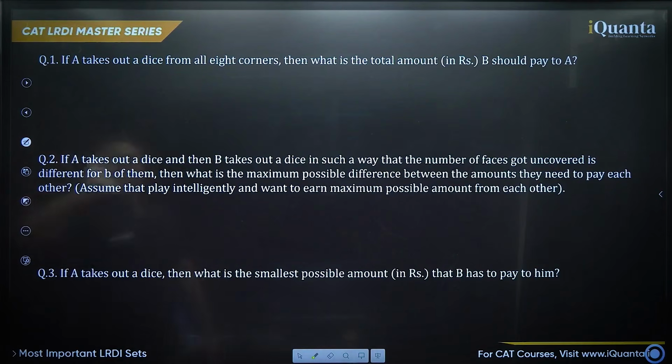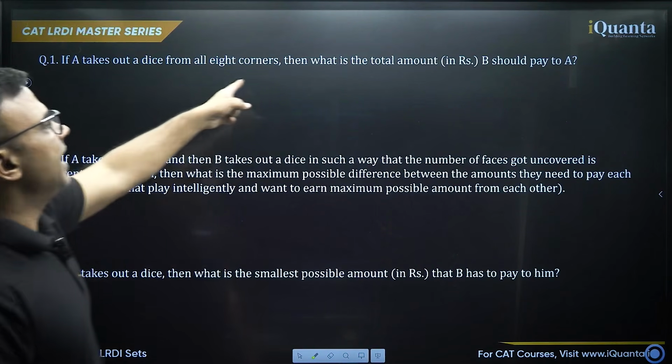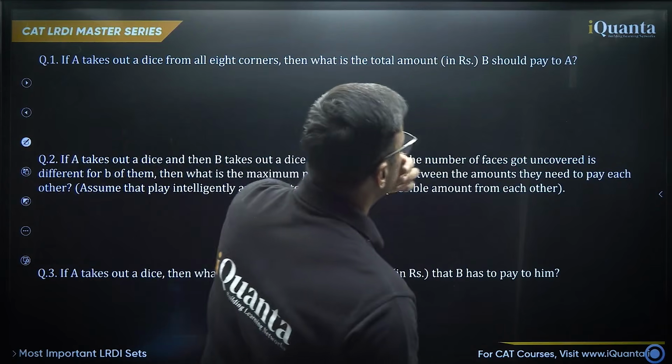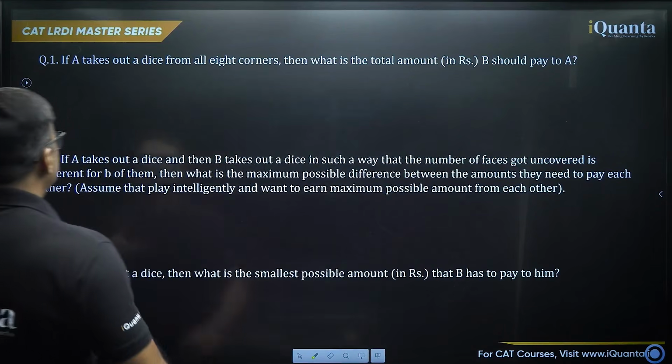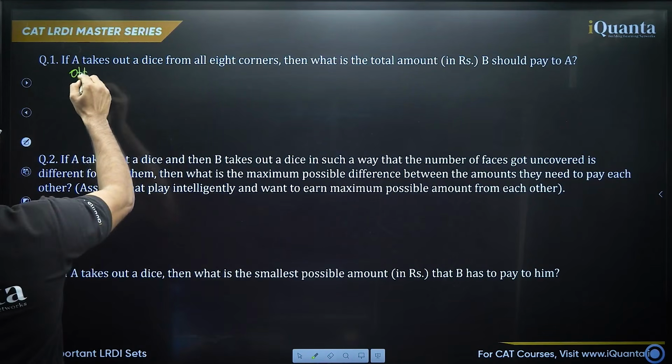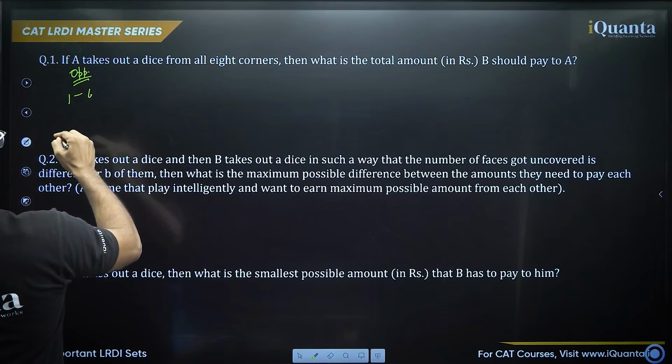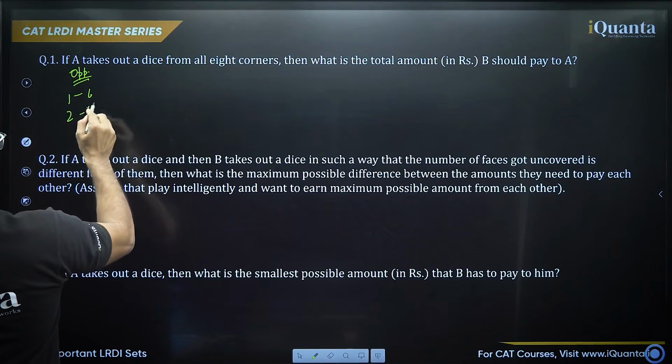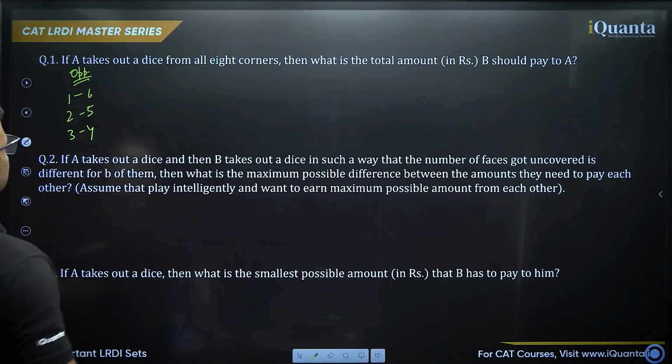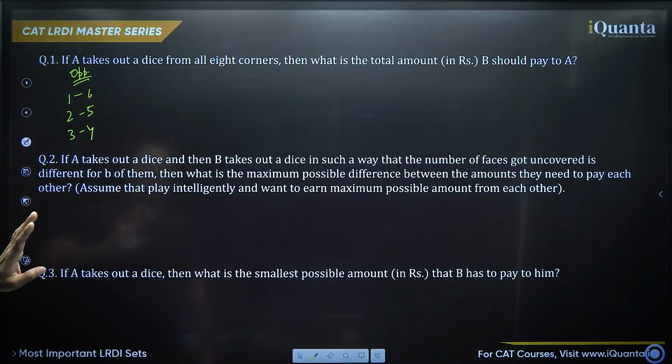Okay, so first question, if A takes out a dice from all 8 corners, then what is the total amount we should pay to A? Now here we need to understand that the opposite surfaces are 1 and 6, 2 and 5, and 3 and 4. These are the opposite surfaces, right?